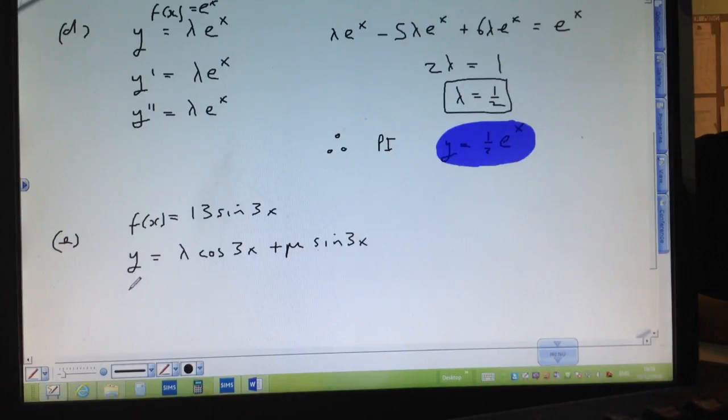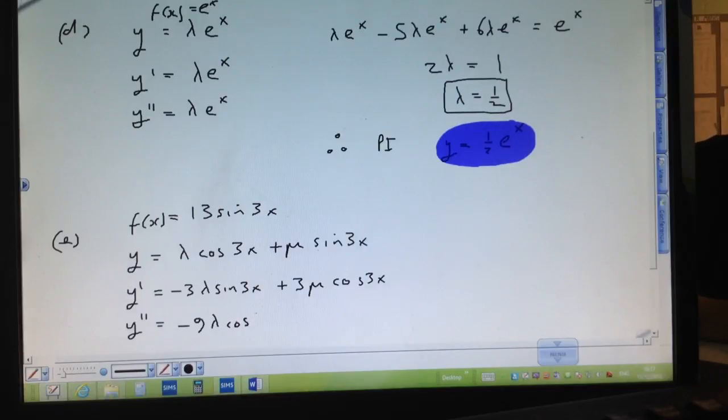And again you differentiate this, so y dash is equal to, this turns into a negative 3 lambda sin 3x, and this becomes still a positive 3 mu cos 3x, and y dash dash is going to become minus 9 lambda cos 3x, and this is going to swing to a negative 9 mu sin 3x.